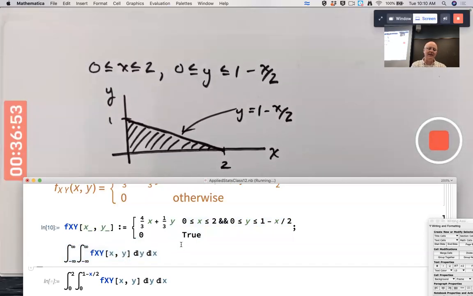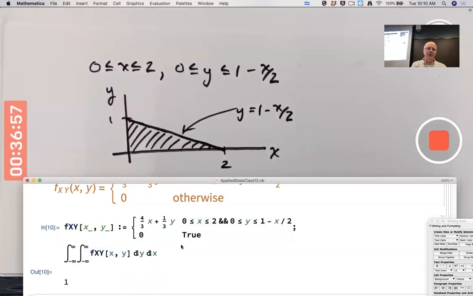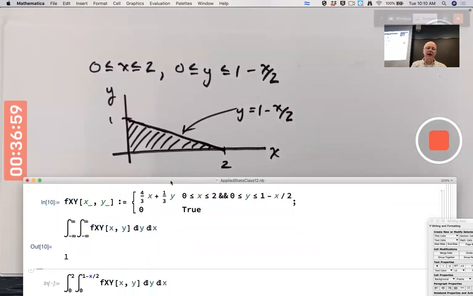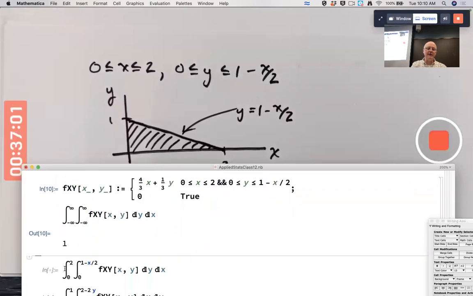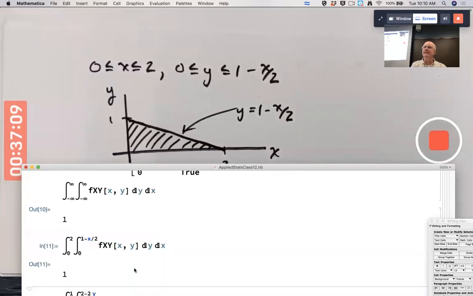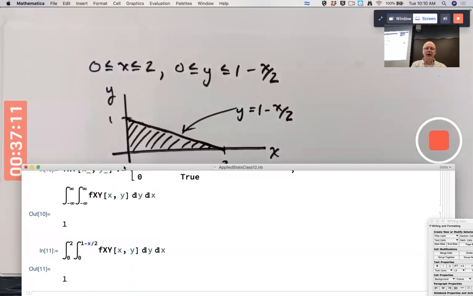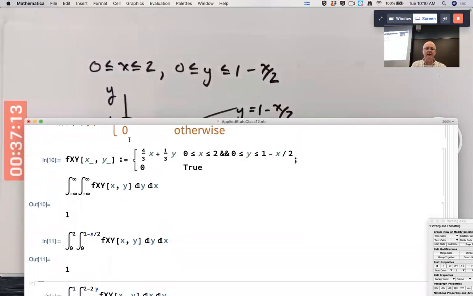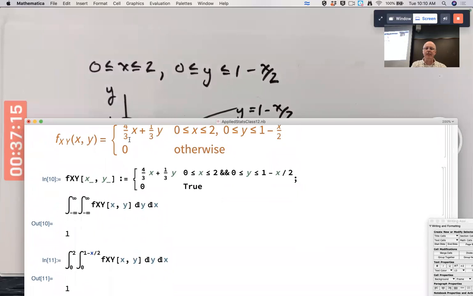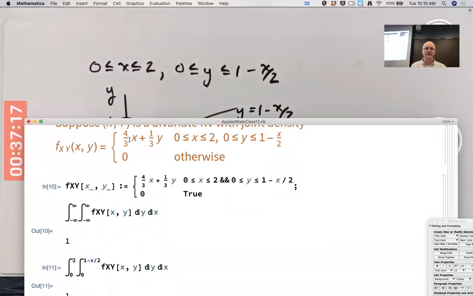It is keeping track of the fact that it's 0 elsewhere. Takes a while to compute, but it does confirm it to be 1. But I also could do the double integral, not from minus infinity to infinity, but over the triangle itself, and it also confirms to equal 1. Okay, you want to write this PDF down if you haven't yet. It's going to be our example here.